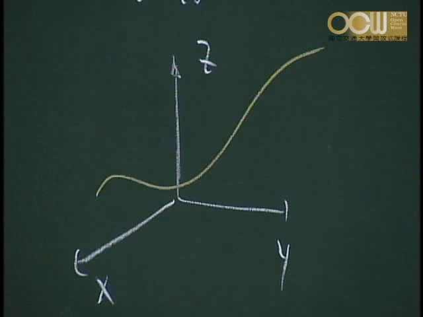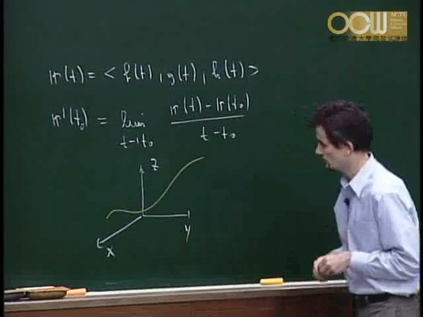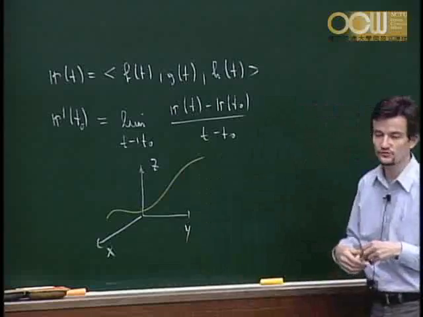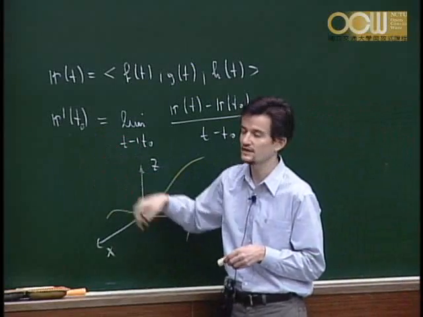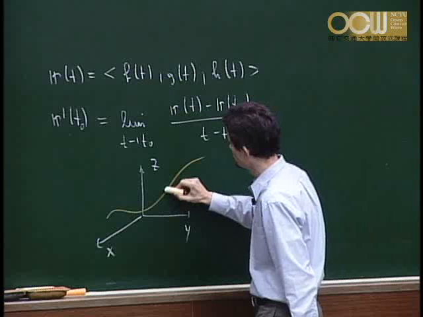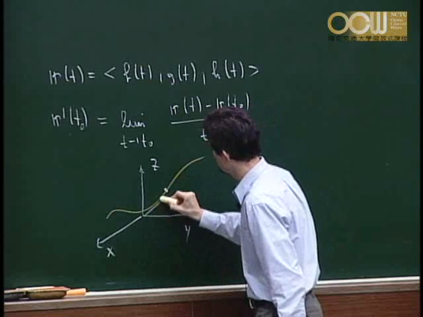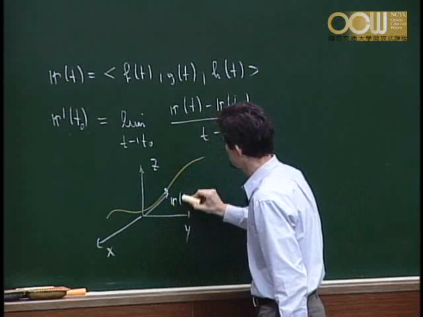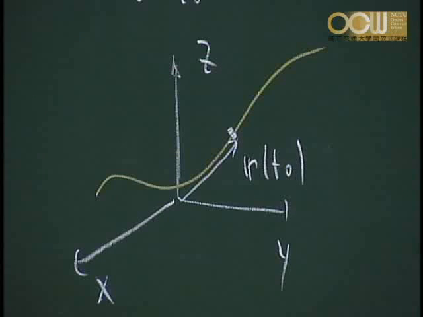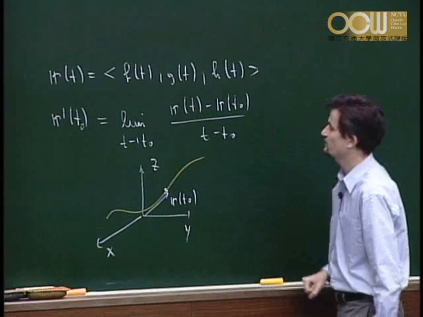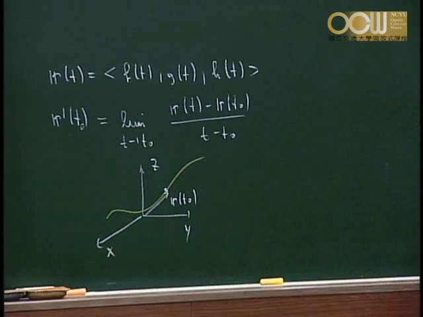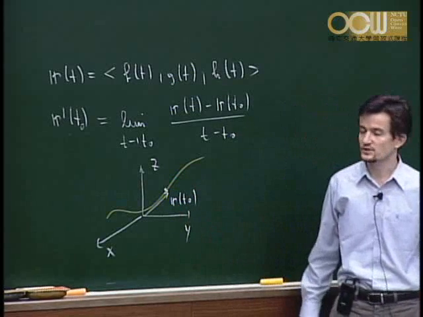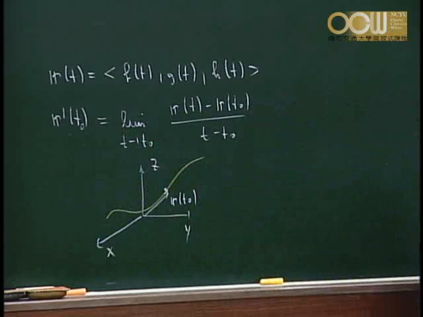And the meaning of the derivative, or I should say it differently: if the derivative exists, then we can define at a point which has here this position vector r(t0), which is the tip of this vector here, we can define the tangent to this point. Namely, we will say the tangent is the line which passes through this point here, and the direction is given by this vector here. Okay, so that's then the definition of the tangent.